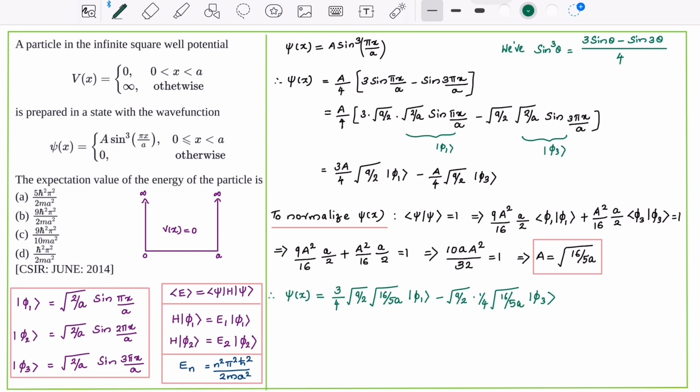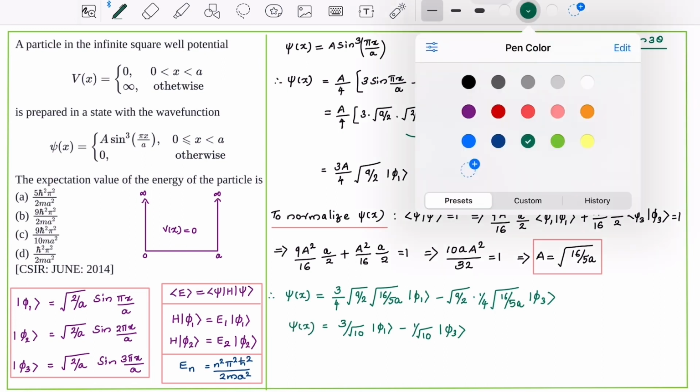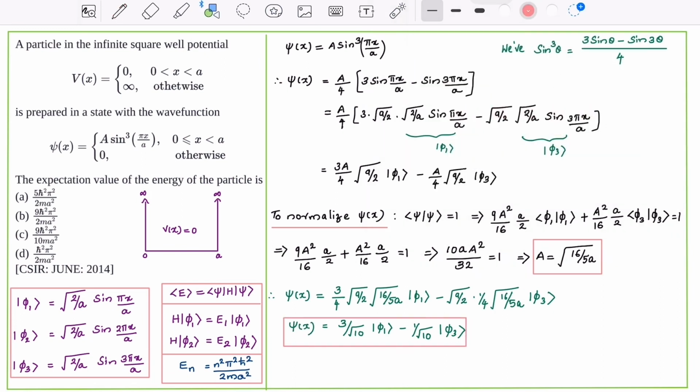On simplification, you will get psi of x as 3 by root 10 phi 1 minus 1 by root 10 phi 3. That is, our given wave function is a linear combination of the ground state wave function and the second excited state wave function. Now we have to find the expectation value of E, that is, psi H psi.